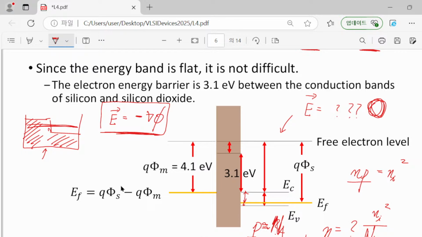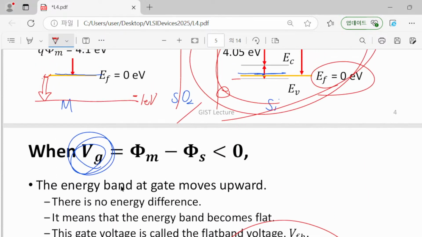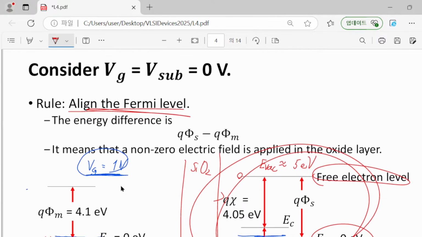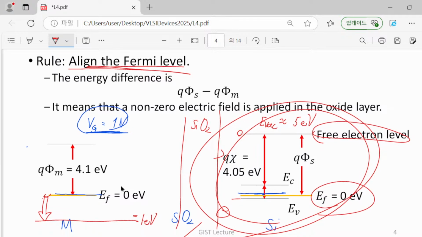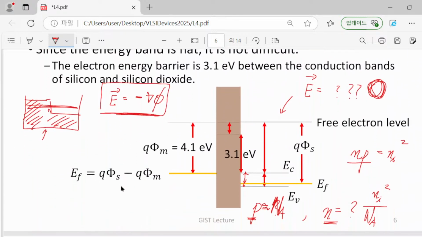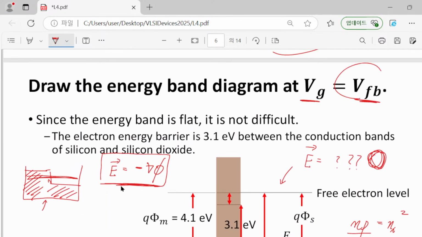So please, let me come back to the 0 volt case. In the case of gate voltage equal to 0, our system has an internal electric field from the beginning. So it is difficult to do certain analysis. But if we have this flat band condition, then our starting point is just a uniform semiconductor material.